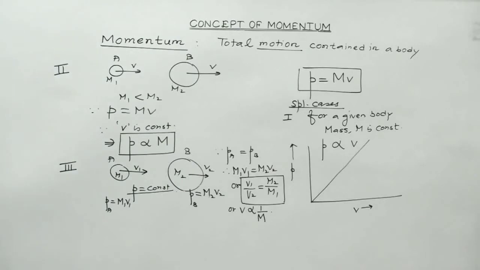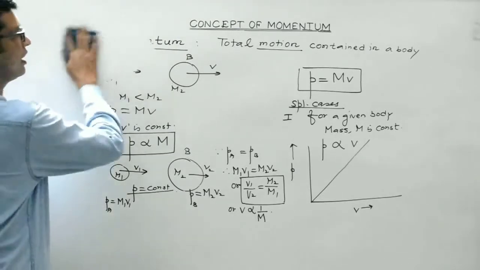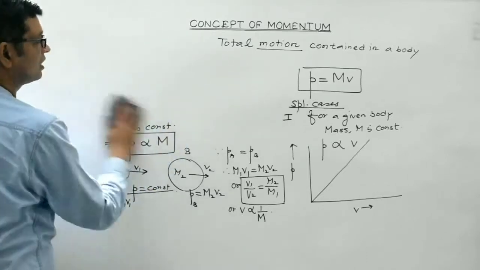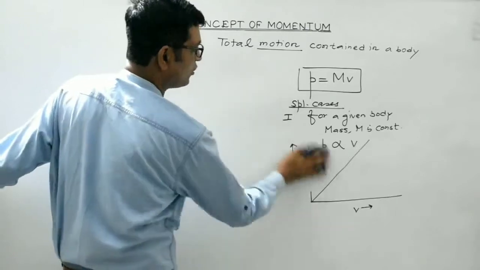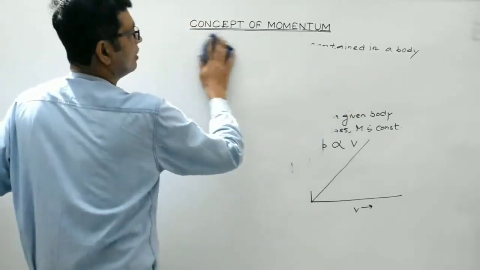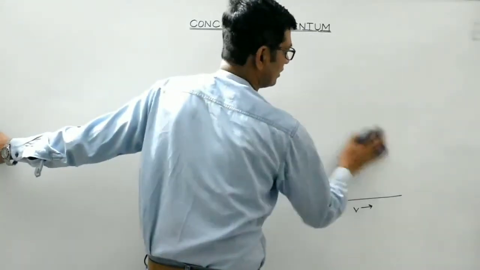Now let's discuss the change in the momentum of a body and try to find out what the quantity, the change in the momentum, or rather the time rate change in the momentum, represents or signifies.